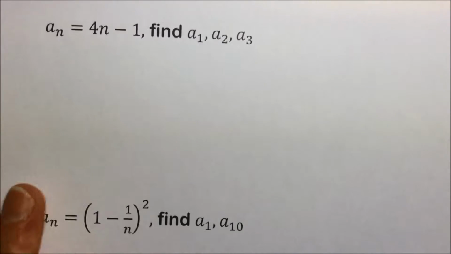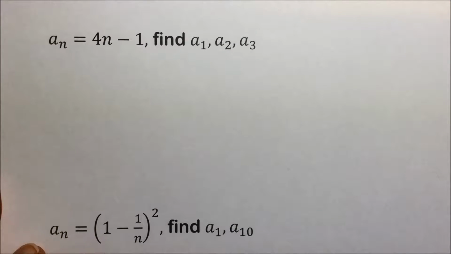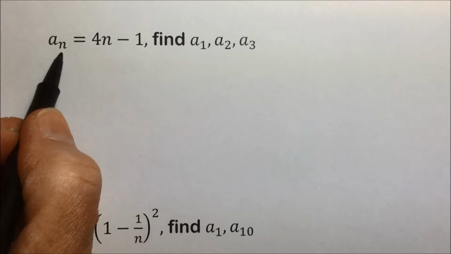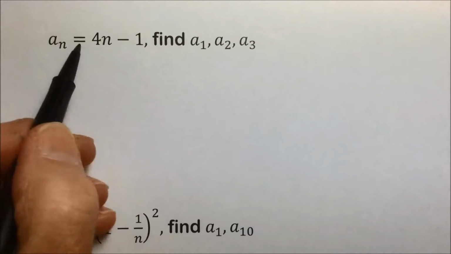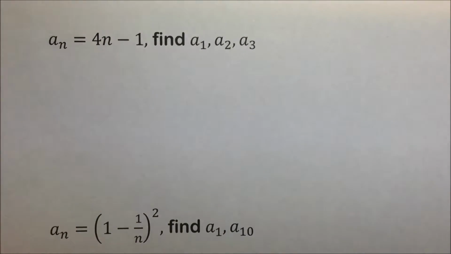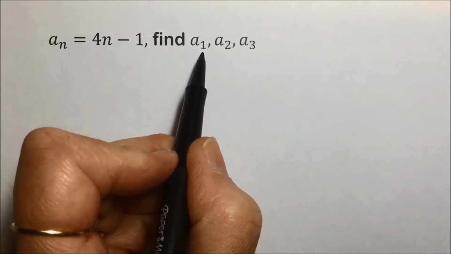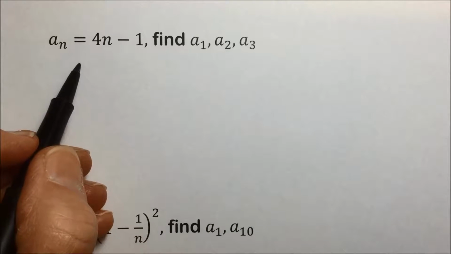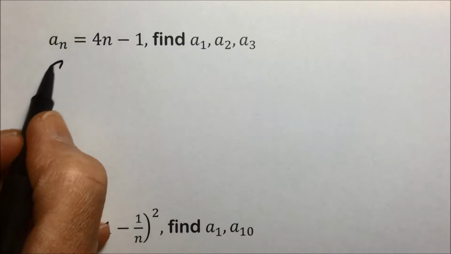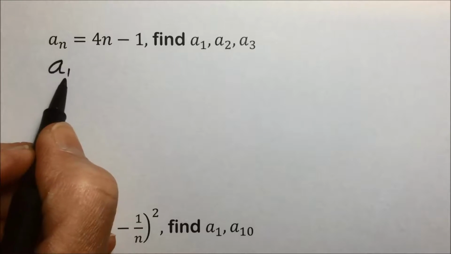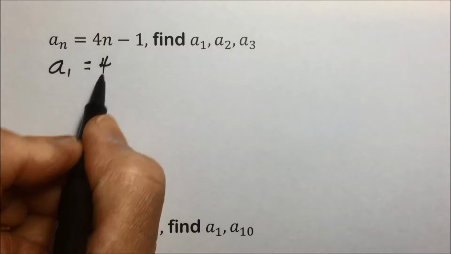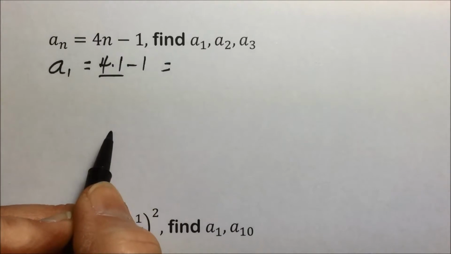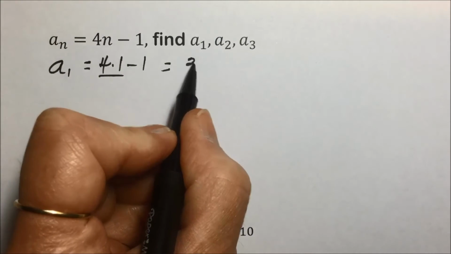Some sequences will give us rules, and we'll look at a couple of examples. Given the nth term in a sequence has the following rule, they're asking us to find the first 3 terms, and that's designated by the subscript of these term numbers. So the first term in this sequence will be a sub 1, and replacing n with 1, following order of operations, multiply gives us 4, minus 1 is 3.